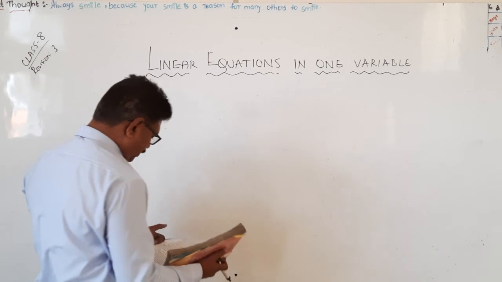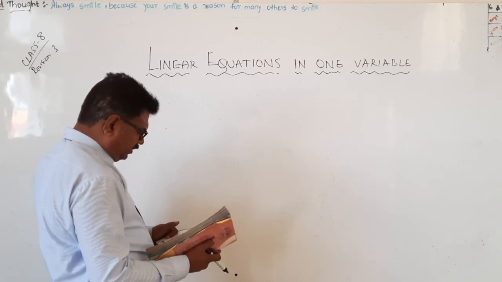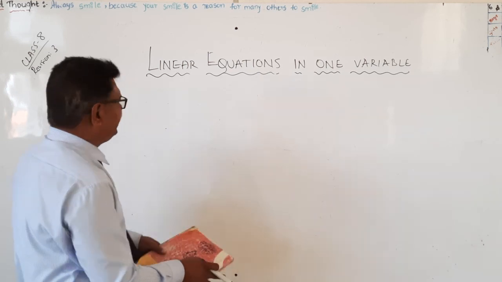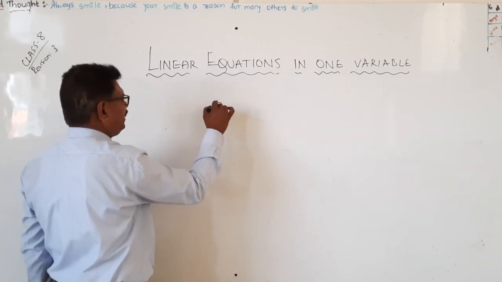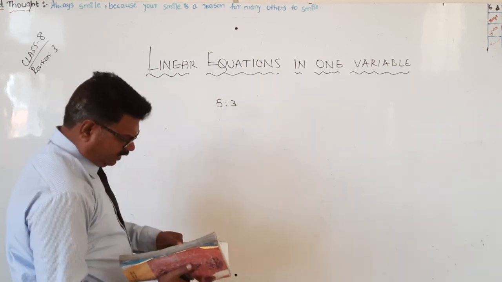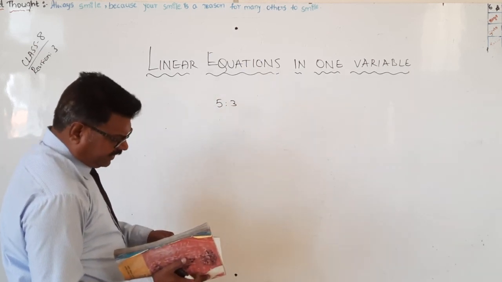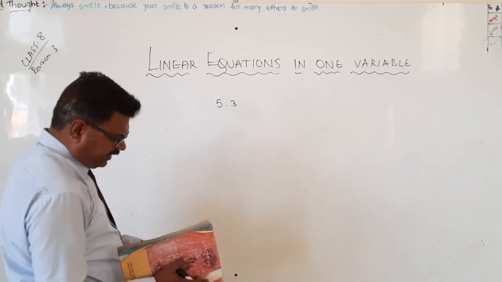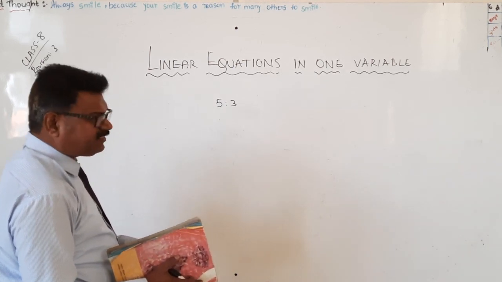Yes. One more small problem like this. Two numbers are in the ratio 5 is to 3. If they differ by 18, what are the numbers? If they differ by 18. If they differ, what does it mean?